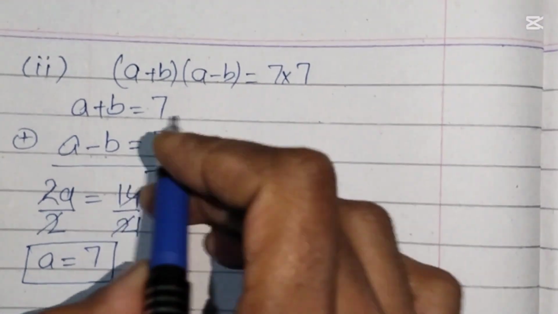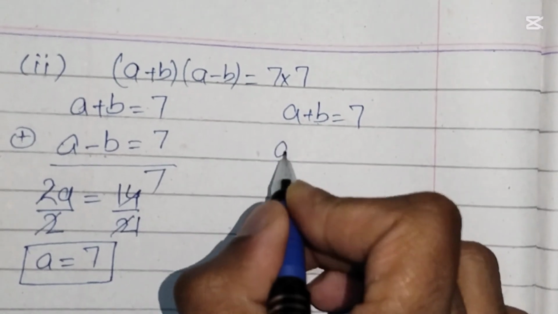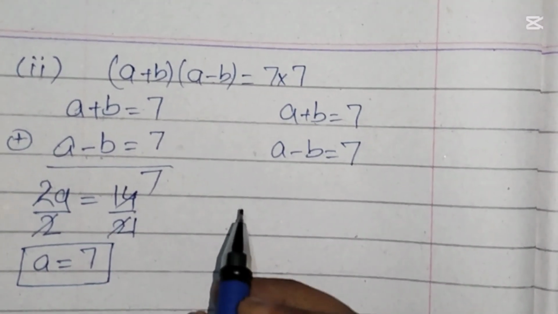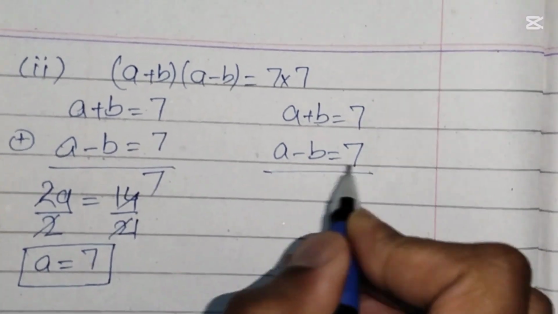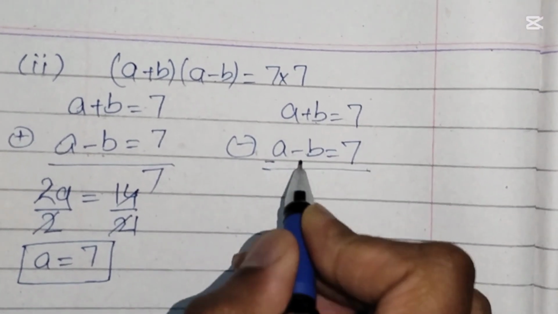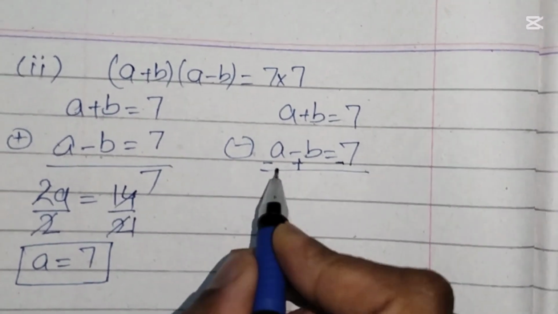Now we again take these equations: a plus b equals 7 and a minus b equals 7. We will subtract. This plus will become minus, minus will become plus, and this plus will become minus.